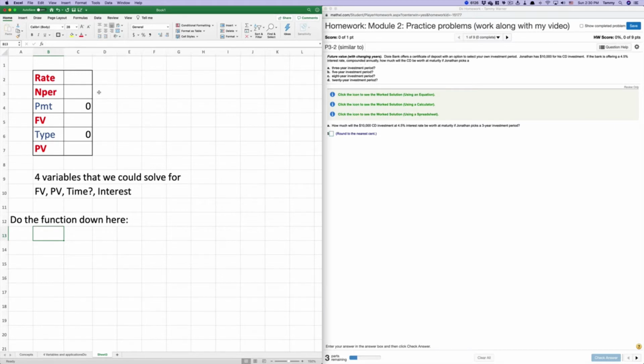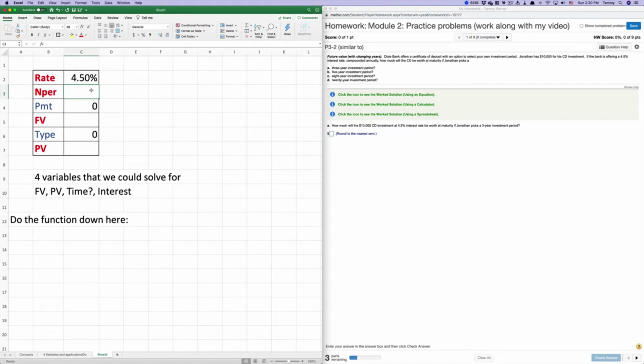Right, so we want to know what's the future value at 4.5%. And then our number of periods is going to change, but let's start with 3 years. The payment is 0. The future value is what we want to solve for, so we'll just leave that blank for now. And the present value is $10,000.